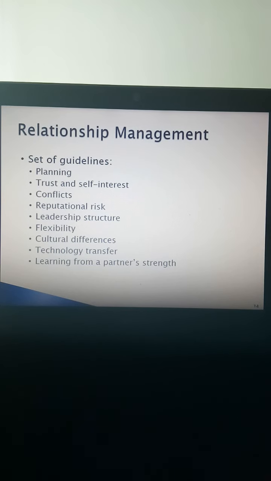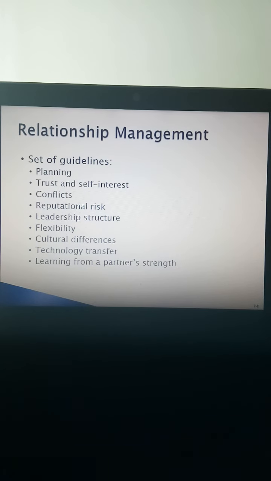And guideline number 6 is flexibility. Relationships always change over time, therefore firms must expect changes over time. So firms must be able to be flexible in order to adjust to changing conditions and partner requirements. Okay, next guideline is guideline number 7, cultural differences.